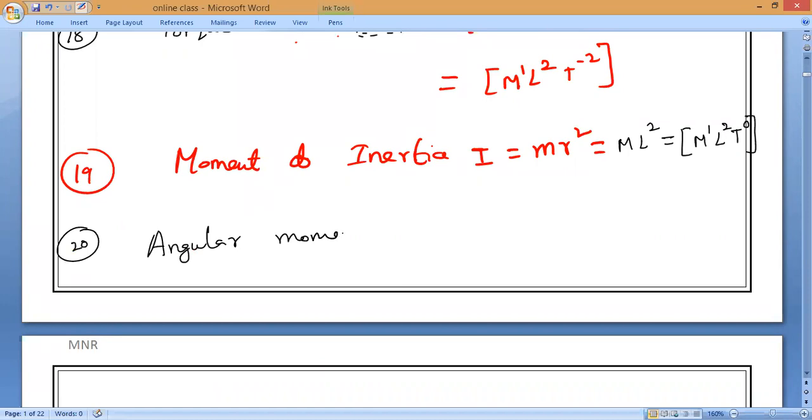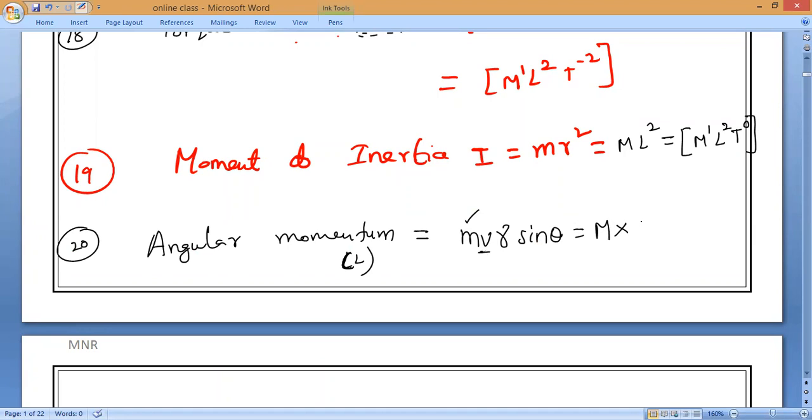Next one, angular momentum. If you take angular momentum, the symbol is L. L is the angular momentum, which is equal to m v r sine theta. Now fast you can tell me. You first split the formula. What does m mean? Mass. m into v means velocity.